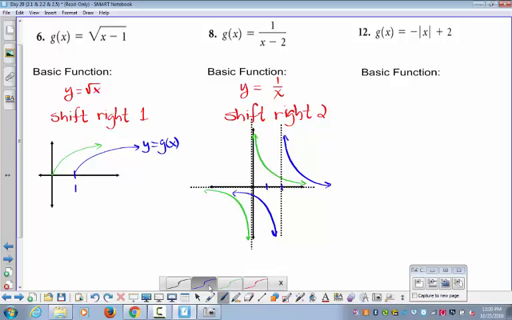Okay, number 12. Our basic function here is absolute x. And then here we have multiple transformations. They're both vertical, though. They're both on the outside. So there are no horizontal ones, but we do have two vertical ones.